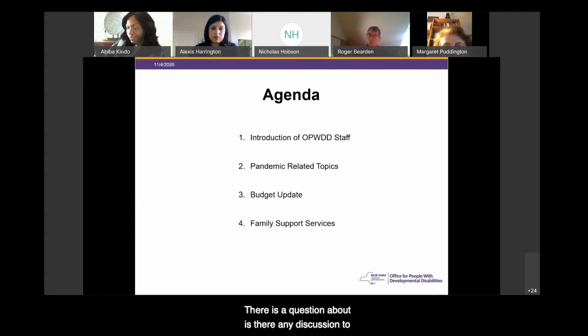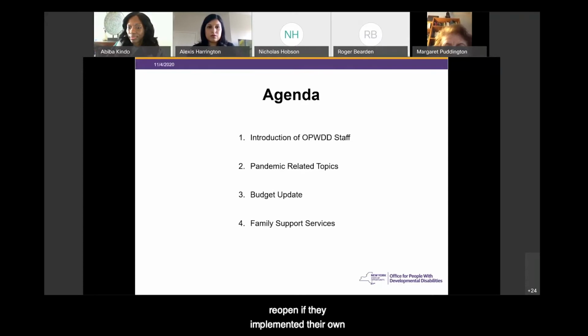There's a question about is there any discussion to extend the accommodations for school opening within the red-orange zones to day services? I think that question, if I'm not mistaken, is referring to recent guidance that allowed for schools to reopen if they implemented their own mandatory testing regime.